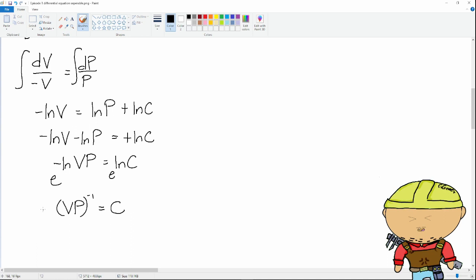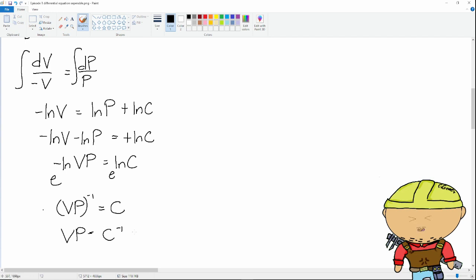If we take the reciprocal of both sides, we have vp is equal to c raised to negative 1.